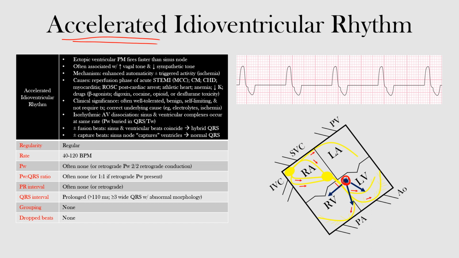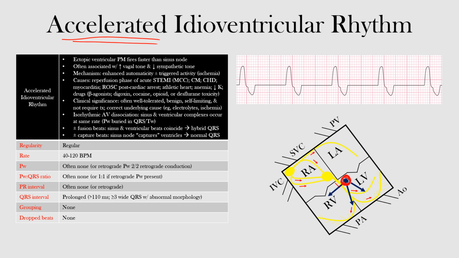So you can imagine maybe our sinus node and AV node are working fine, okay? So it's not really an escape rhythm, although there's some ectopic focus here in the ventricles that gets some excitability and enhanced automaticity and starts to take over the rhythm of the heart.